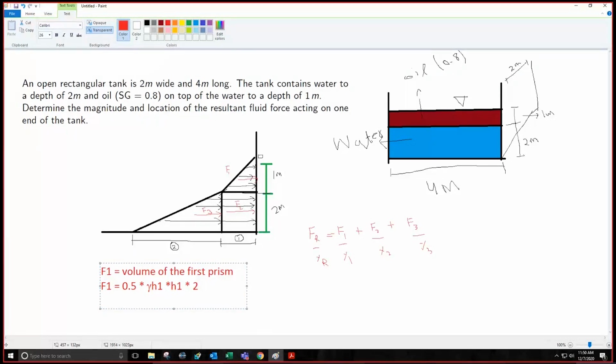Yes, sir. So F1 equals to 0.5 multiplied by gamma, which is 0.8, because specific gravity multiplied by the specific weight of the water, which is 9.81 kilonewtons per meter cube, multiplied by H1, which is 1, multiplied by again H1, which is 1, and then multiply it with 2. Clear?